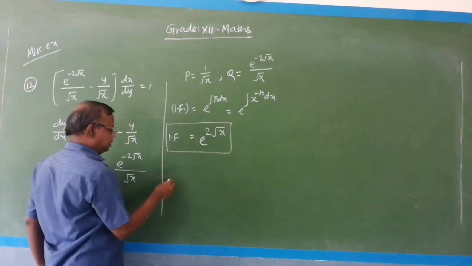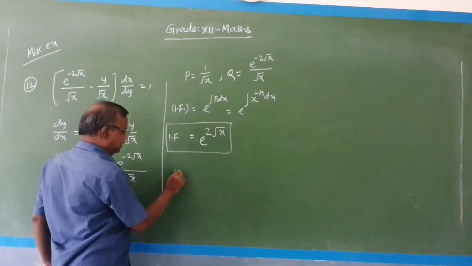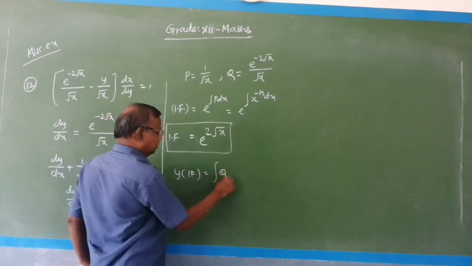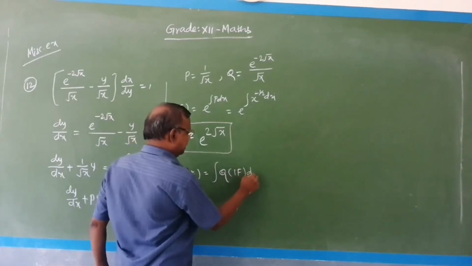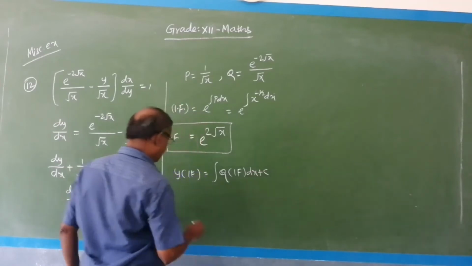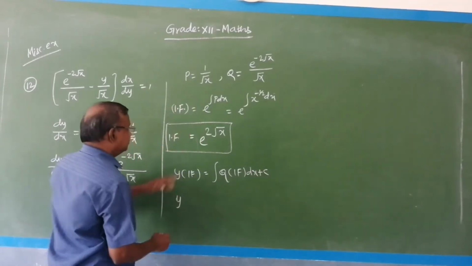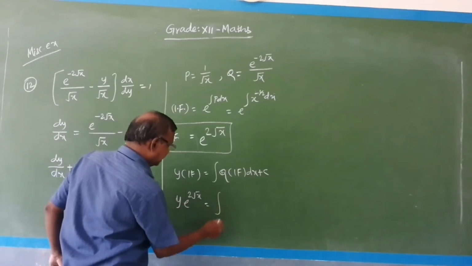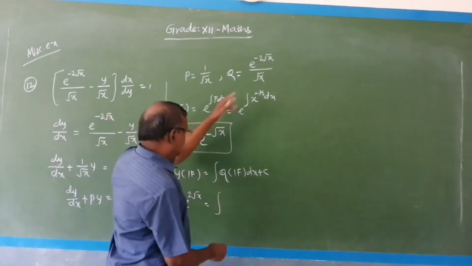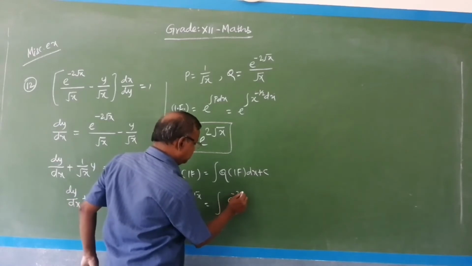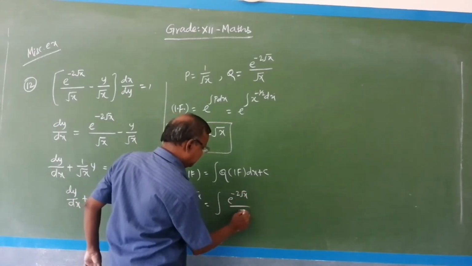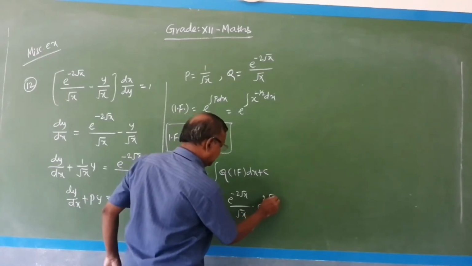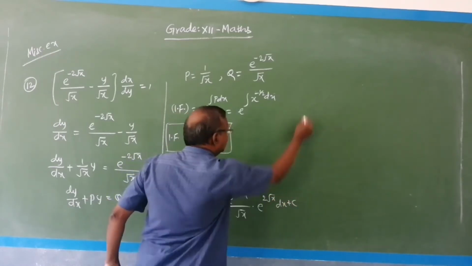Now the general solution is y into integrating factor equal to integral q into integrating factor into dx plus c. Here y into e power 2 root x is equal to integral q. What is q? E power minus 2 root x divided by root x, into the integrating factor e power 2 root x, into dx plus c.